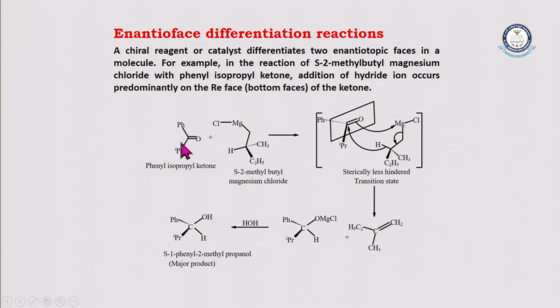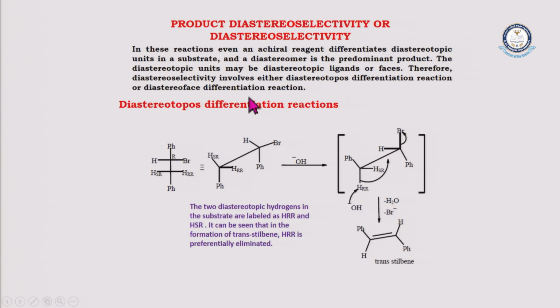It leads to formation of this intermediate compound, and finally by hydrolysis it gives the 1-phenyl-2-methylpropanol alcohol product. So this chiral reagent is selective towards this carbonyl compound. This is the diastereomeric reaction.